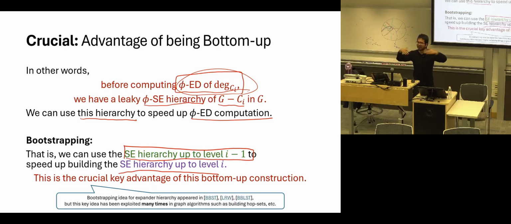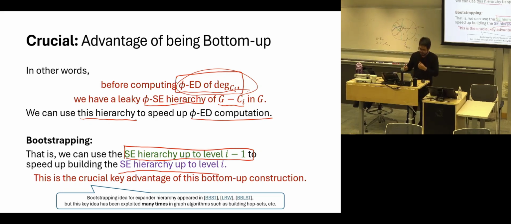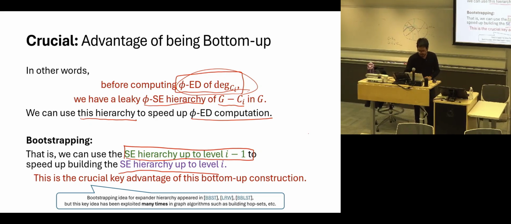Here, at the bottommost level, I have nothing, but it's just about doing expander decomposition with respect to degree. I should have said that when you do expander decomposition with respect to the whole graph, that's kind of easy.